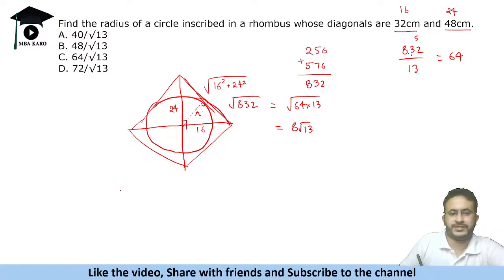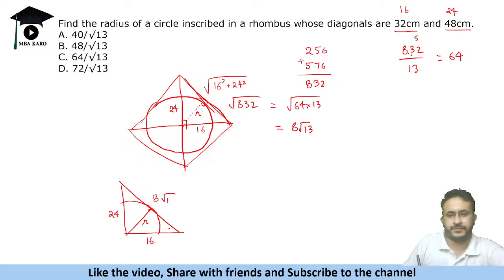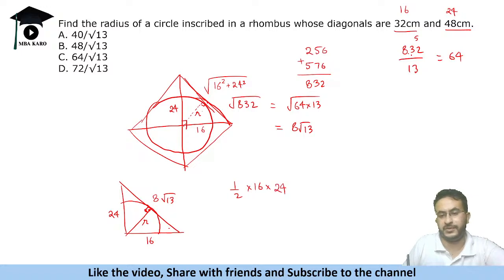Now if you look at this triangle, for which we are finding the radius of the circle, we are saying that this is the radius. Now if you look at the area of this triangle, this will be perpendicular to this. So half into 16 into 24, that will be the area.